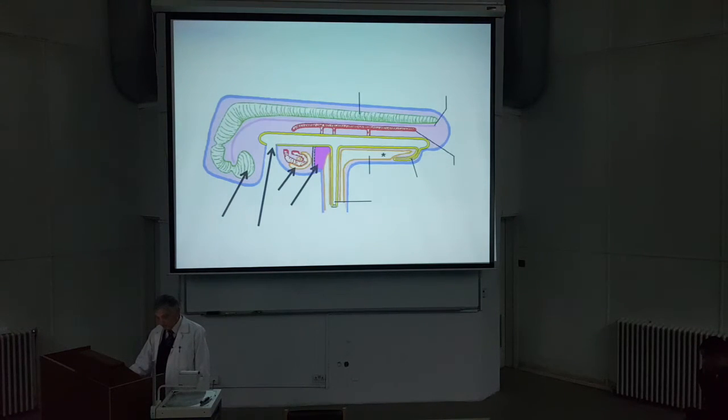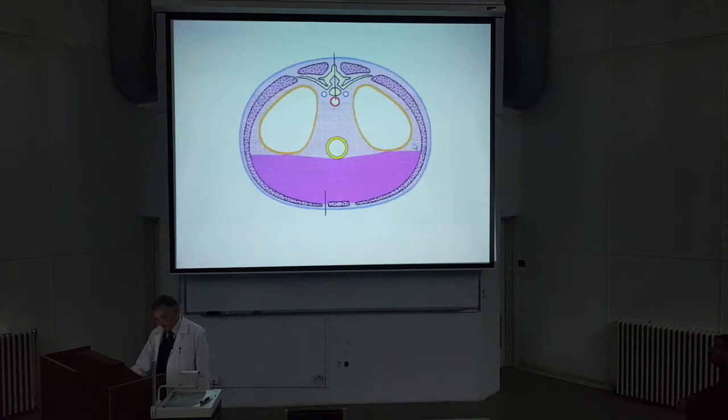This is septum transversum. Septum transversum is a very important structure. The liver is going to develop here, the biliary system, the ventral part of the pancreas, and the stomach. And this is the foregut, midgut, and hindgut.